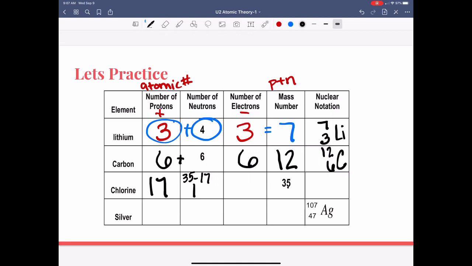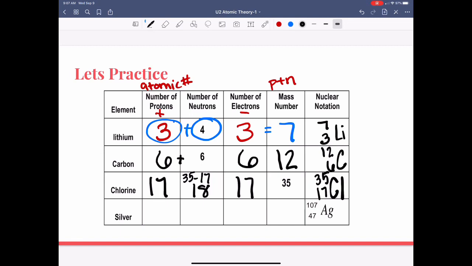So 35 minus 17 equals 18 neutrons. Looking at electrons, protons and electrons must be equal in order for it to be neutral. Neutral means it doesn't have a charge. And so then let's write our nuclear notation for that. I've got chlorine, which is Cl, an atomic number of 17 and a mass of 35.